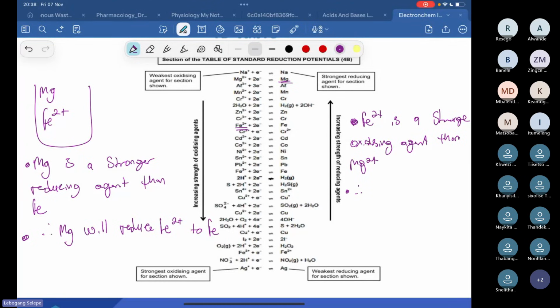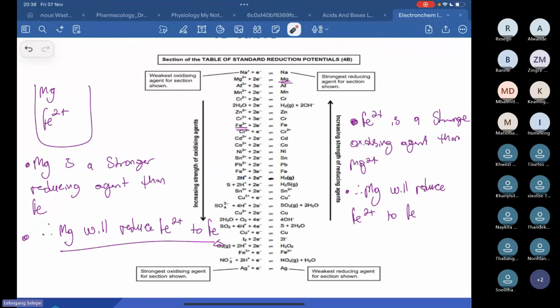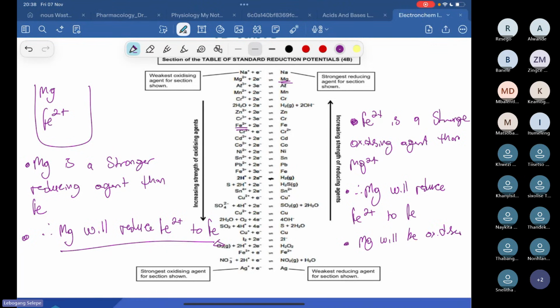Therefore, the same point: Mg will reduce Fe2 plus to Fe. Then if Mg is reducing Fe2 plus to Fe, what is happening to Mg? Mg will be oxidized to Mg2 plus. So basically, this is how you'd explain this 3-mark or 4-mark question in the exam, right?